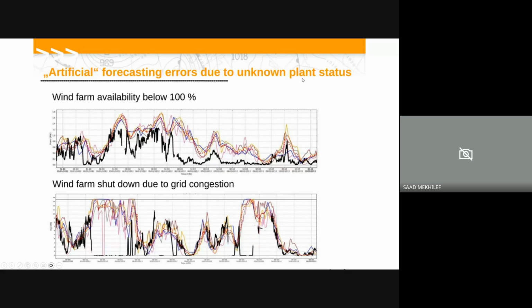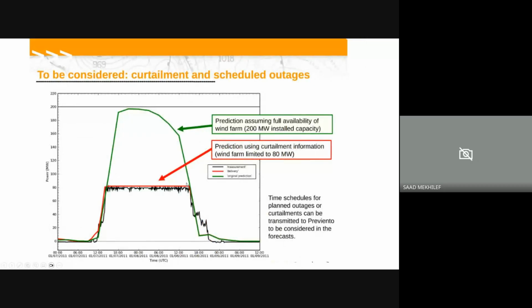Forecasting errors due to unknown power plants. And then this is a wind farm shut down due to grid congestion. So you can see the grid power, the dark blue is the wind, and here it is shut down in some of the parts.